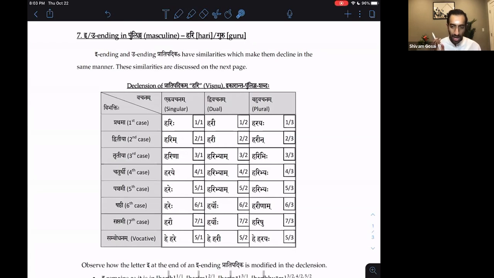Harihi, hari, harayaha. Harim, hari, harin. Harina, haribhyam, haribihi. Haraye, haribhyam, haribhyaha.